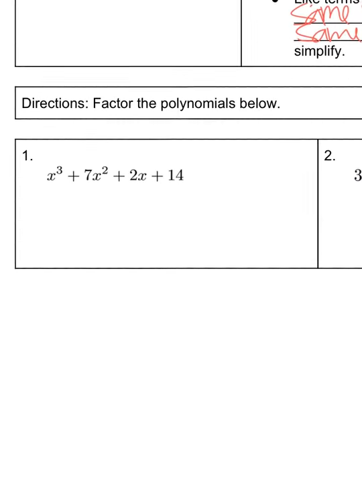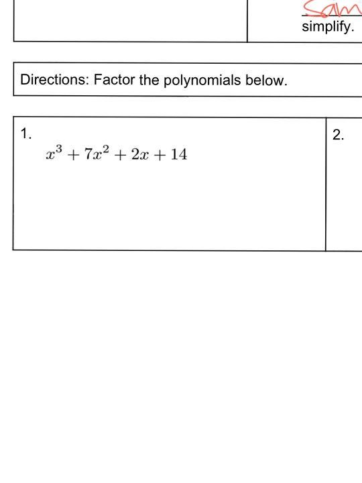So the first one is x cubed plus 7x squared plus 2x plus 14. The first step is to group these terms together. So we're going to take x cubed plus 7x squared, plus 2x plus 14.